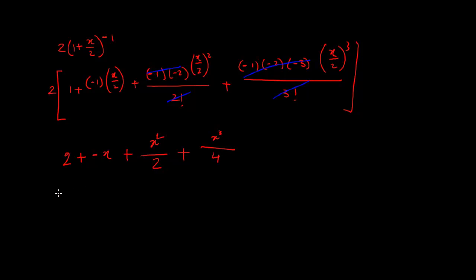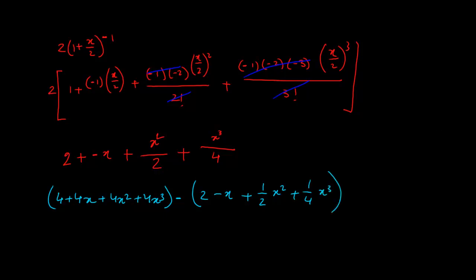For the last answer we had 4 plus 4x plus 4x squared plus 4x cubed. Now what we're simply going to do is minus 2 minus x plus half x squared plus a quarter x cubed. Why do we do this? It's simply because of this.